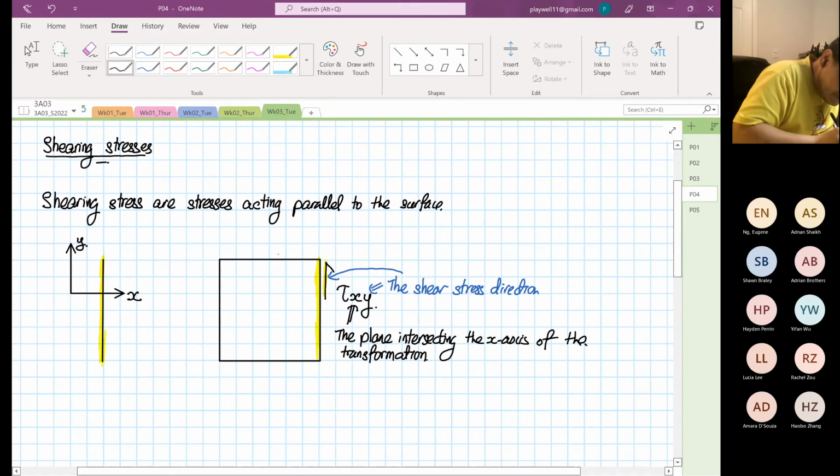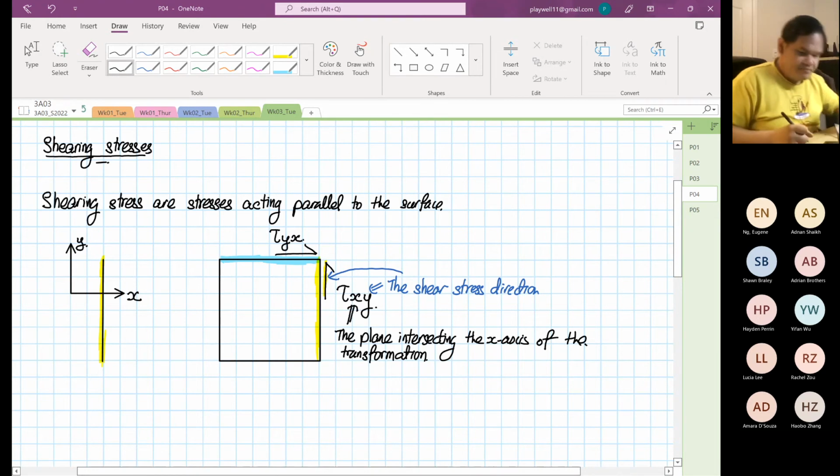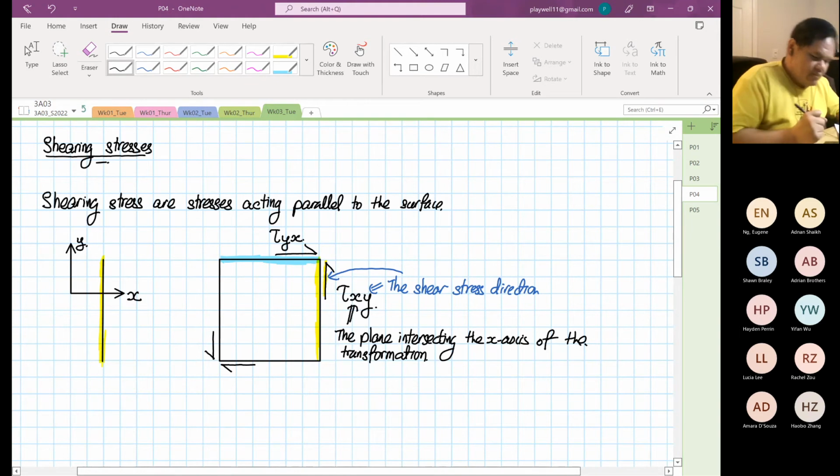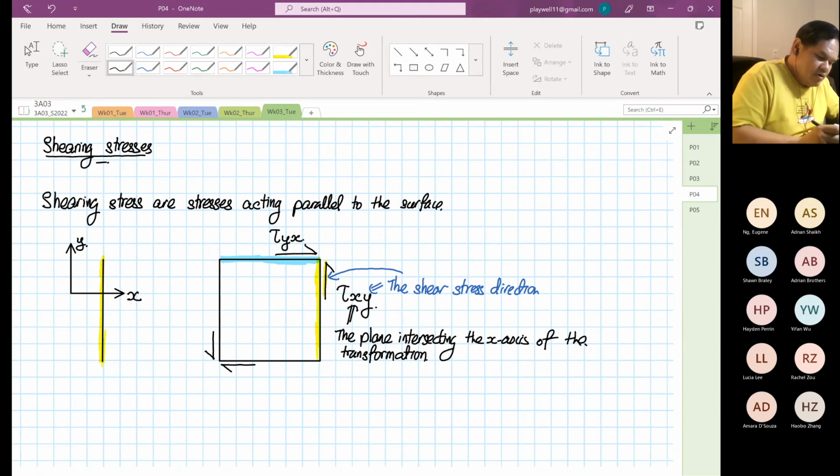You have this shear over here, and this is what we call our shear yx. The intersecting plane now is the blue line I'm going to draw, and it intersects the y-axis, and the shear stress is in the x direction. To complete the element, you have to draw likewise. But we only focus on the yellow plane and the blue plane.